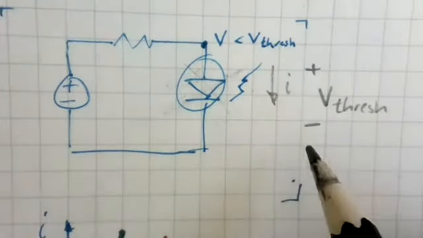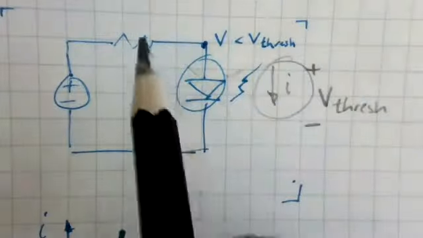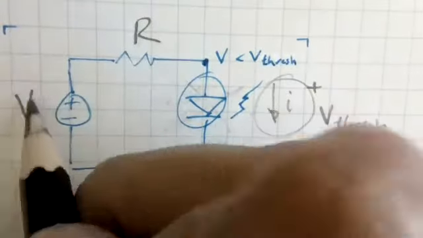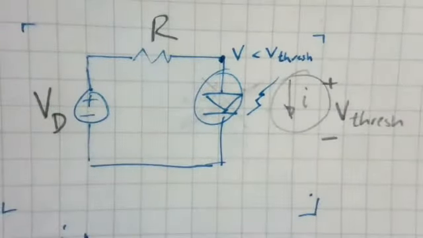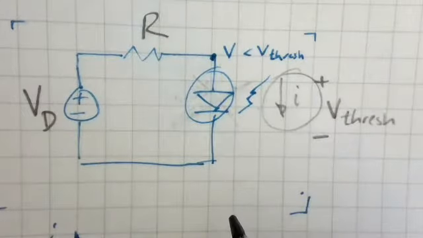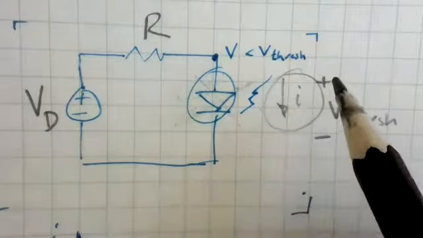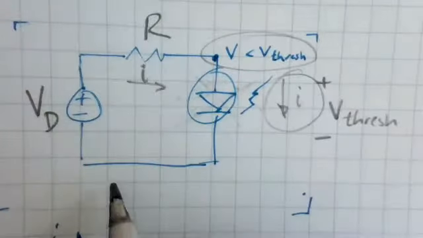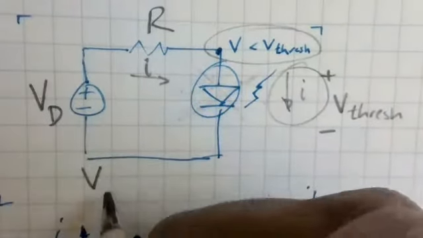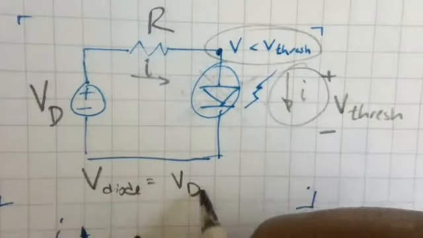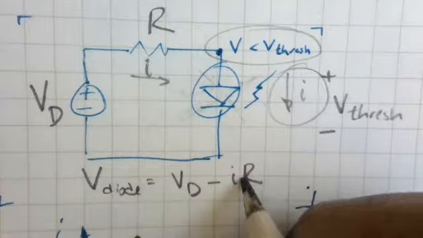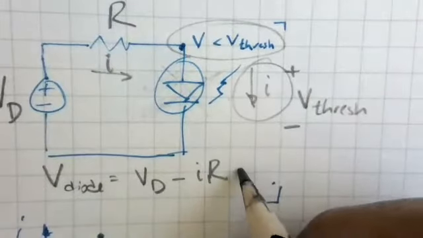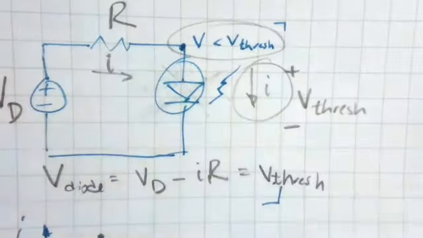And so what that means is that if you're trying to understand how much current will flow, and you know the value of this resistance R, and you know the value of this voltage VD, then now you can calculate what the voltage here is, right? So if you know I, then you know that V diode equals VD minus I times R. And if it's on, we said to first order that this equals V thresh.